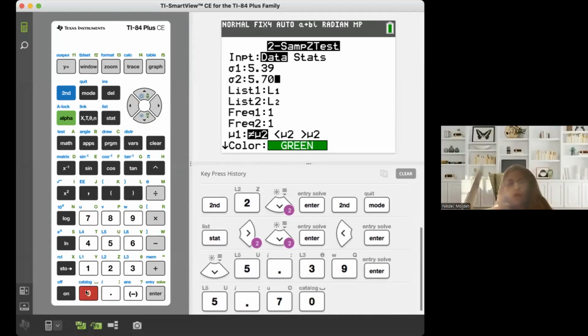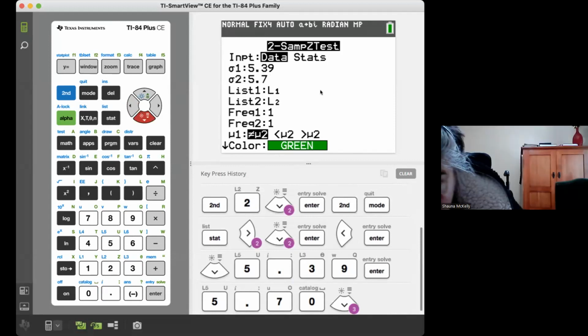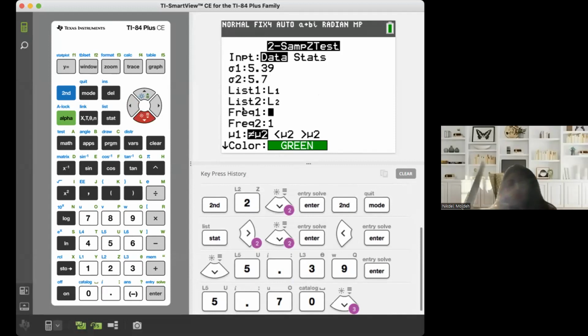Okay, now you didn't have to go look at what I see here. It says List 1 L1, List 2 L2, so you don't have to go to one-variable stats and copy N1 and X bar, because it takes care of what you enter in your lists.